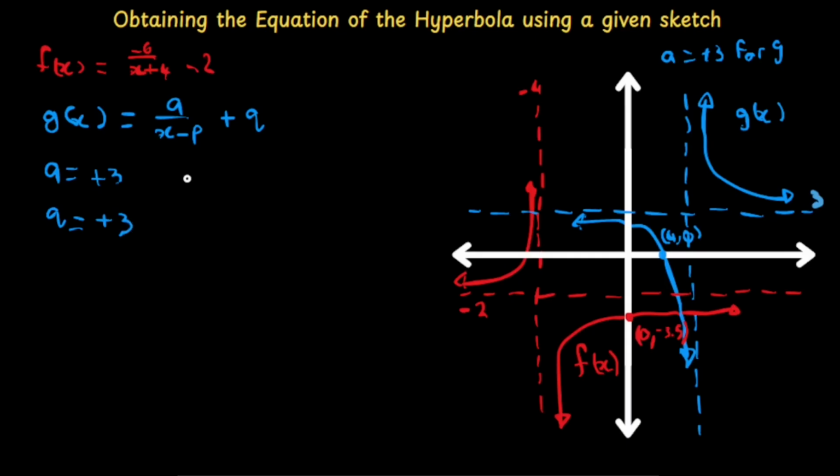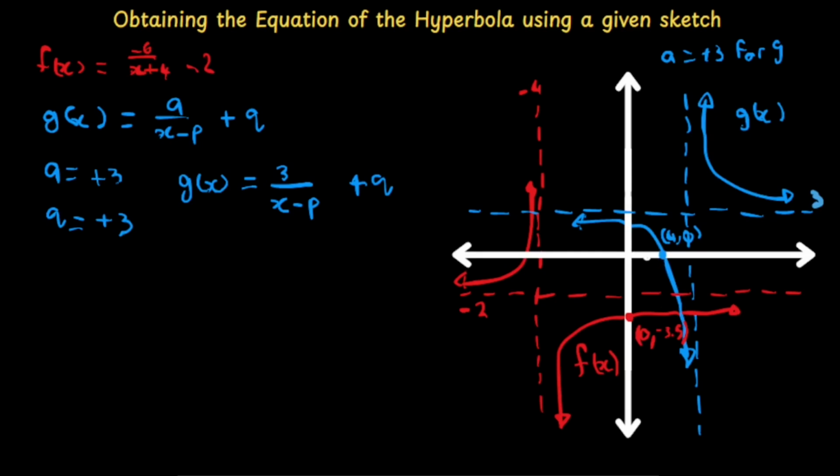So let's substitute all the variables that we know into this formula. We are going to obtain the equation of g of x is equal to 3 over x minus p plus q. We also have a point on this function that is known, and that is the x-intercept of this function, which lies at a coordinate of 4 and 0.